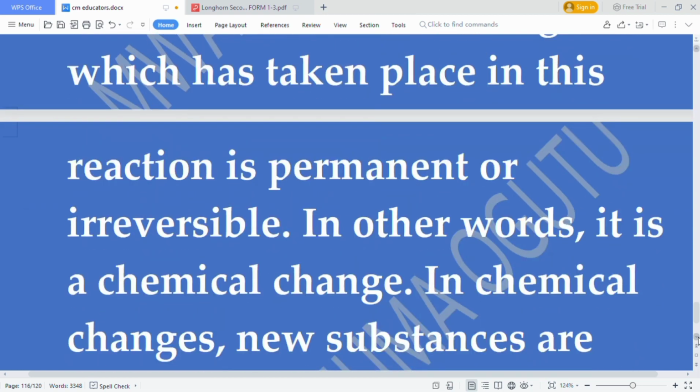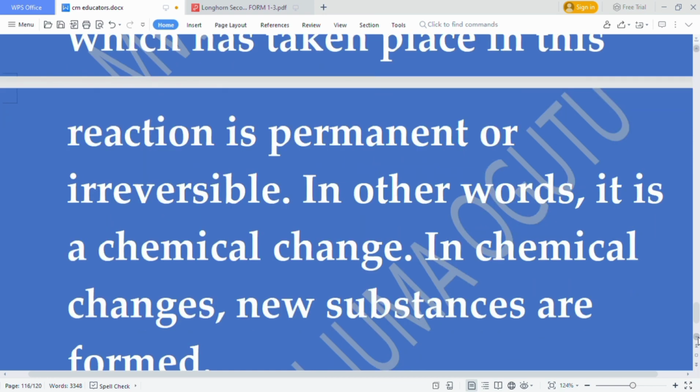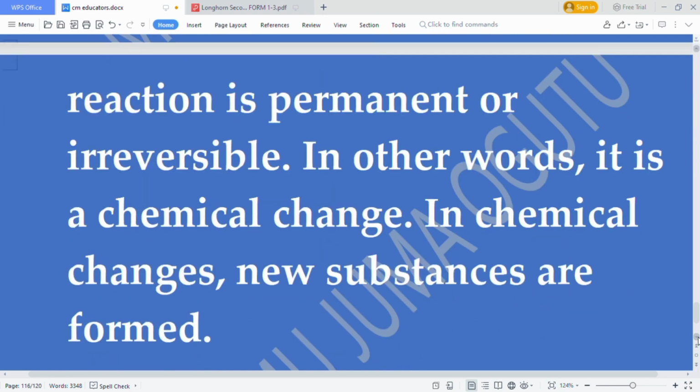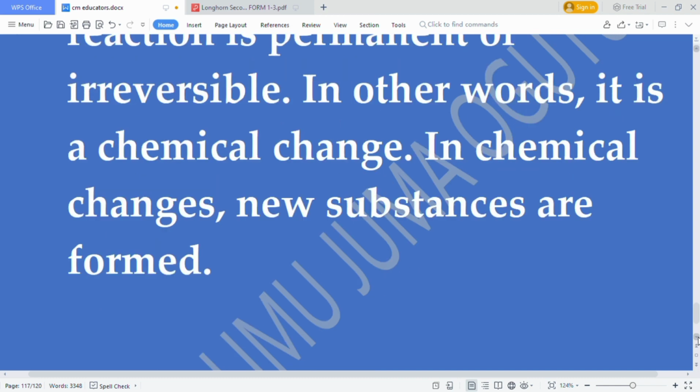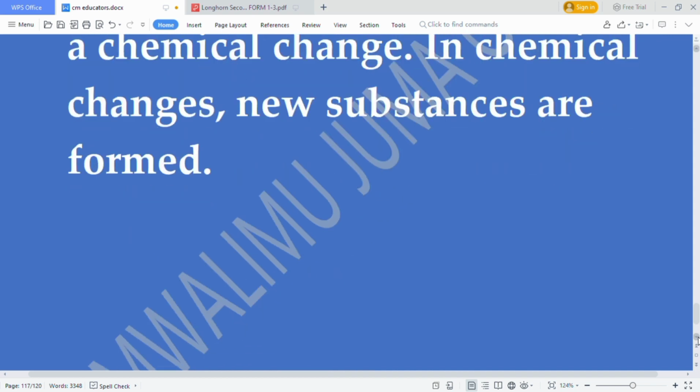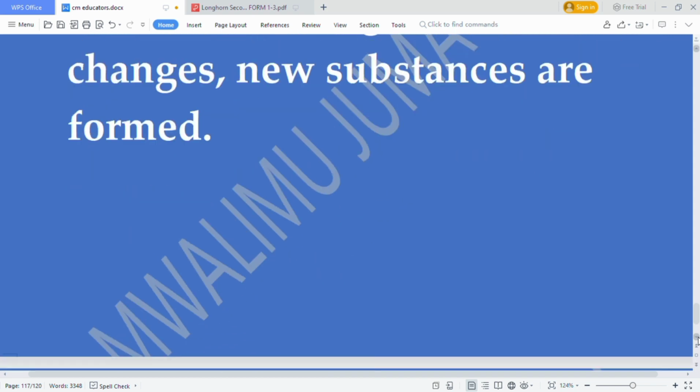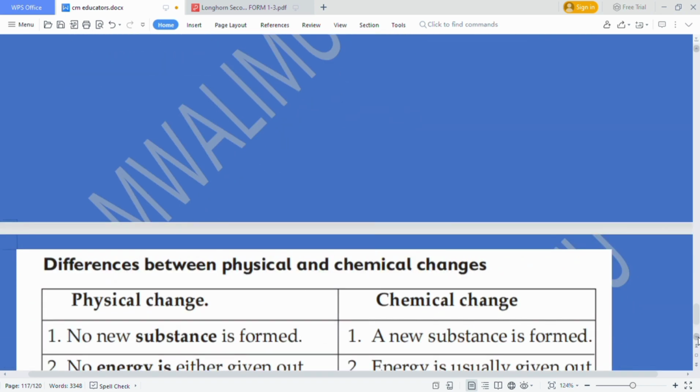In chemical changes, new substances are formed. So in this case, we have formed a new substance, where when the new substances are reacted, the initial substance we had cannot be formed. So you have differences between physical and chemical changes.